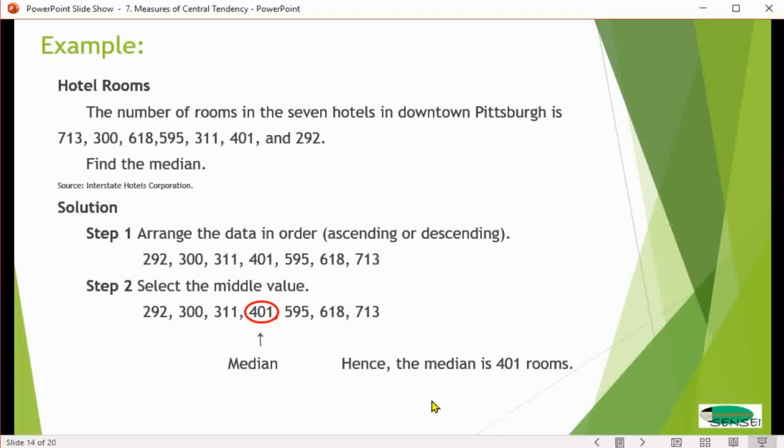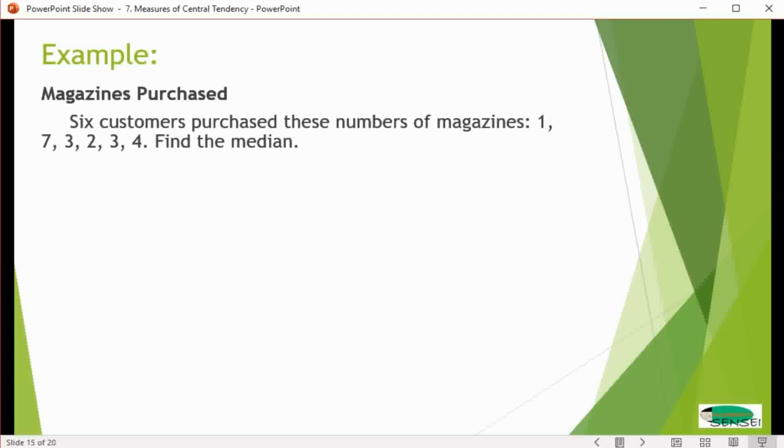Notice if our distribution is not odd. So, 1, 7, 3, 2, 3, 4. There are 6 data in our distribution, and this is an even distribution. And should we wish to find the middlemost value, we're left with this region here, an empty region. Since we have 3 on both sides, we will add the 3 and 3 together and divide by 2 to get its median.